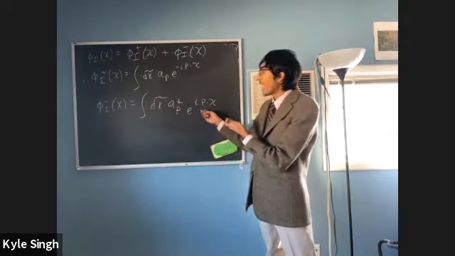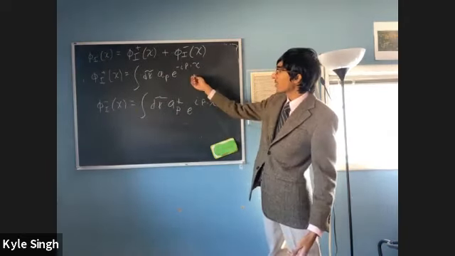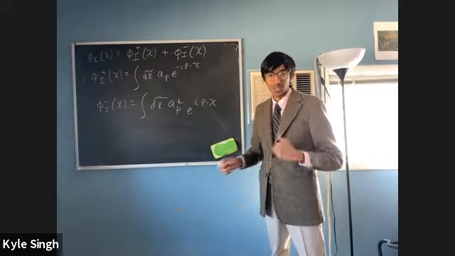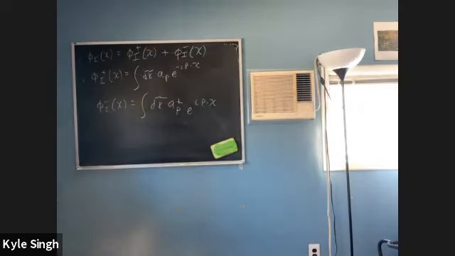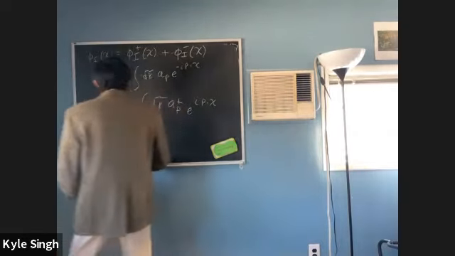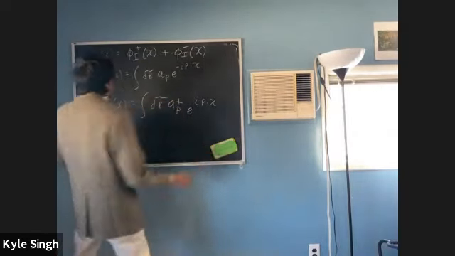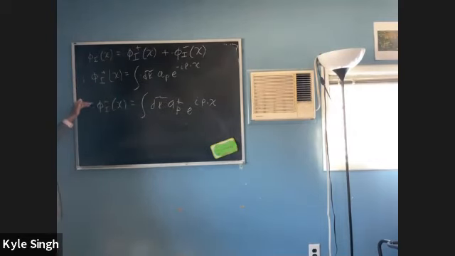Now if this acts on the vacuum, it creates a particle. If this acts on the vacuum, it destroys a particle. I'm just coming up with some nomenclature here. Are we okay with this? I'm just splitting up the mode expansion. That's all I'm doing.